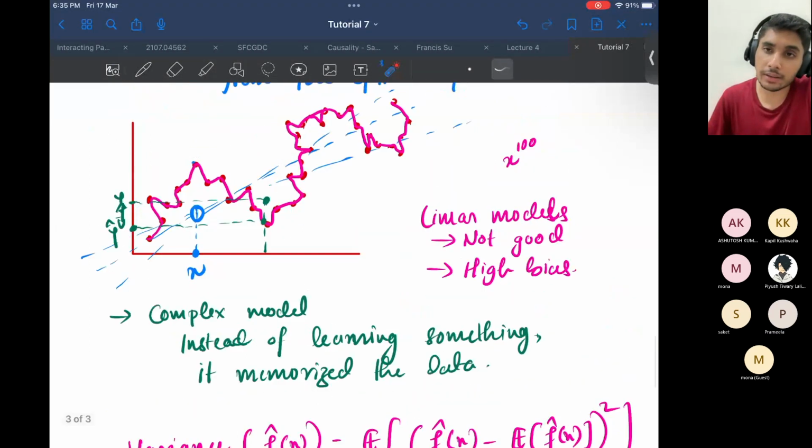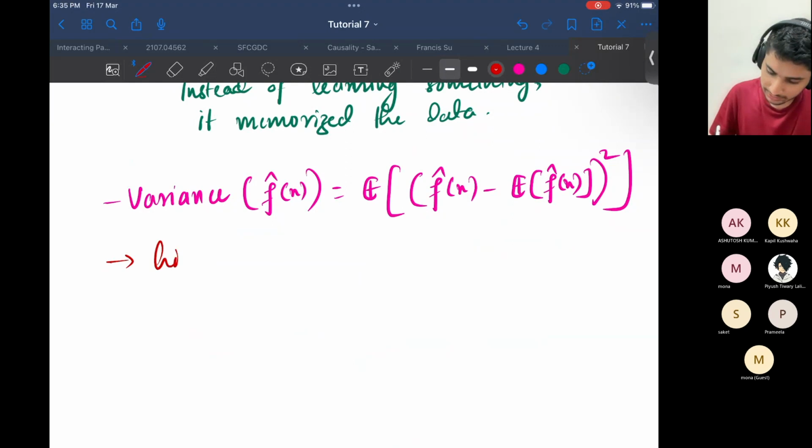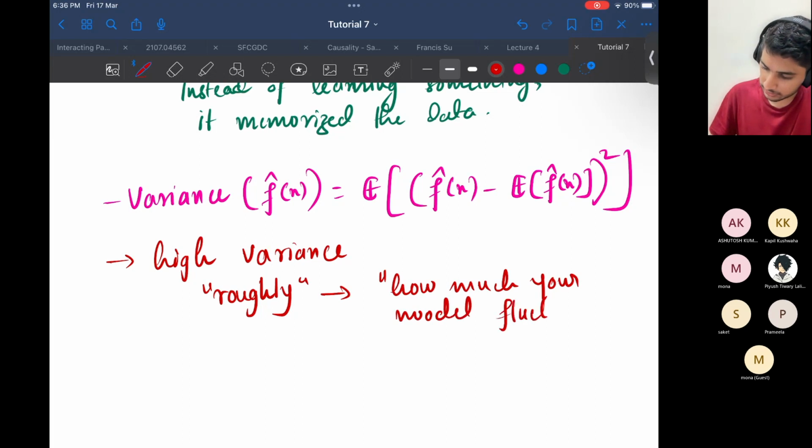I hope you will agree that if a model has high variance, it will fluctuate a lot. Roughly, what it means is how much your model fluctuates.